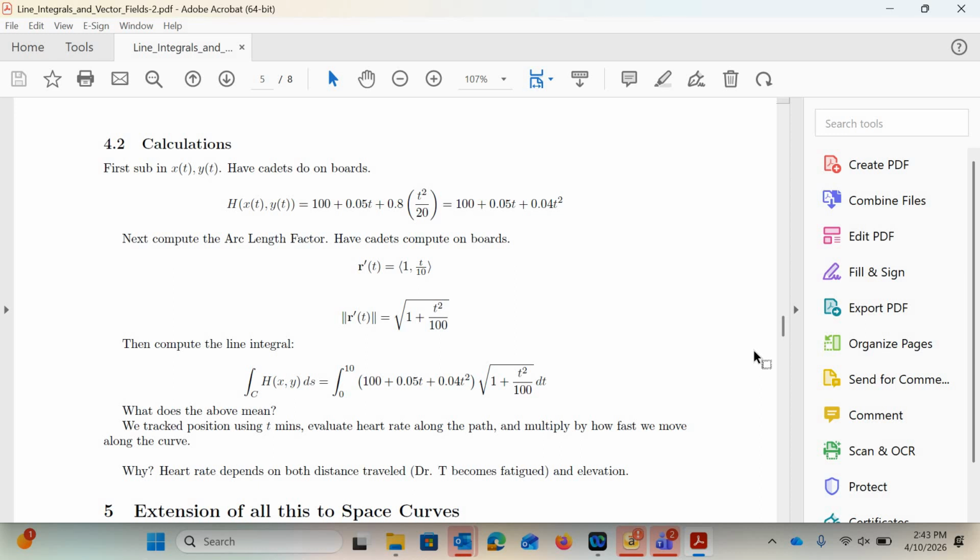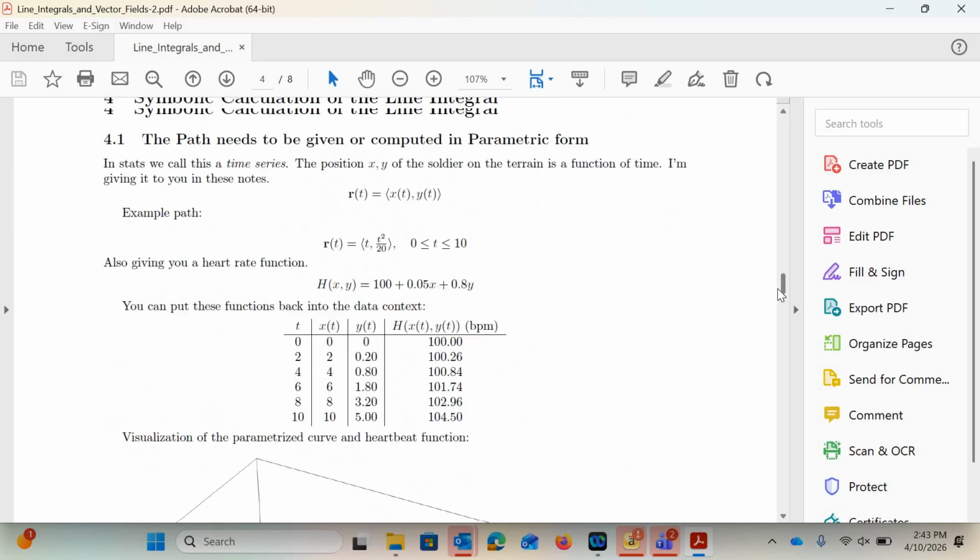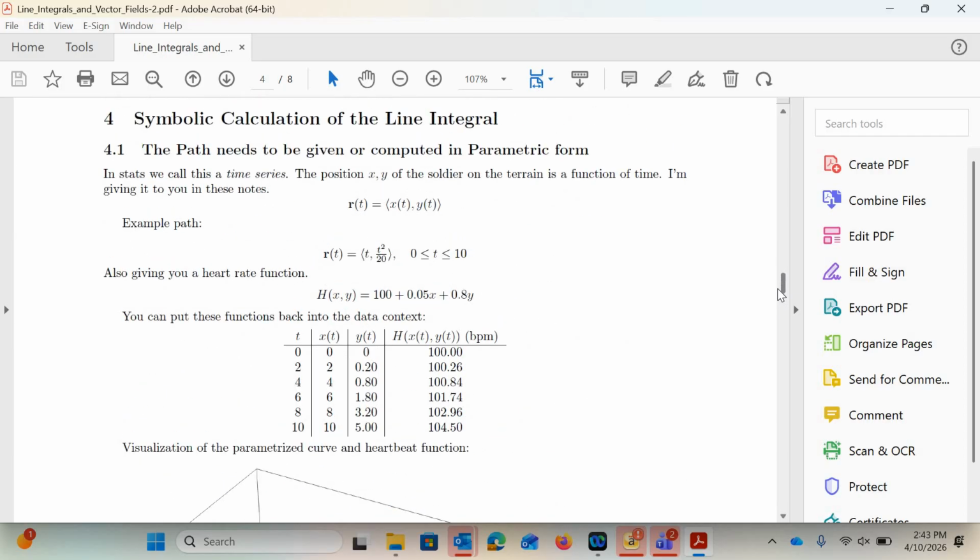So, where does this come from? Where does this come from? How did I get h of x of t? Which was that formula that I had right up here. So how do I get this all to be in terms of t?